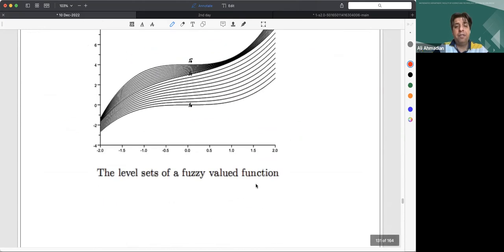After understanding perfectly the meaning of the Hukuhara differentiability, the meaning of the generalized Hukuhara differentiability, then you can go through the details why we need to have the generalized differentiability or G differentiability. Why we need to have it.